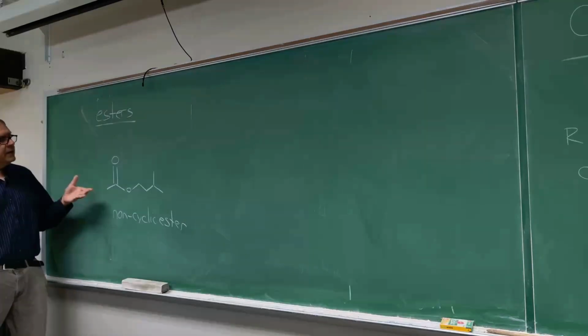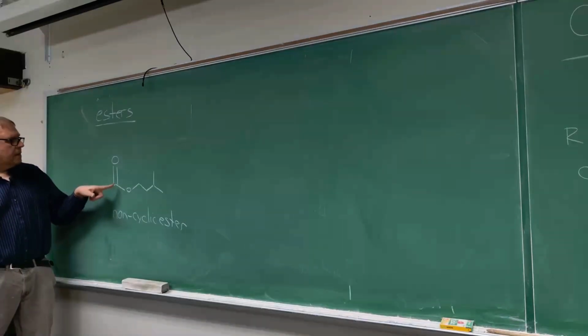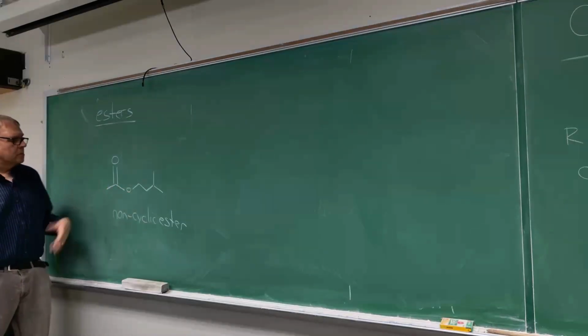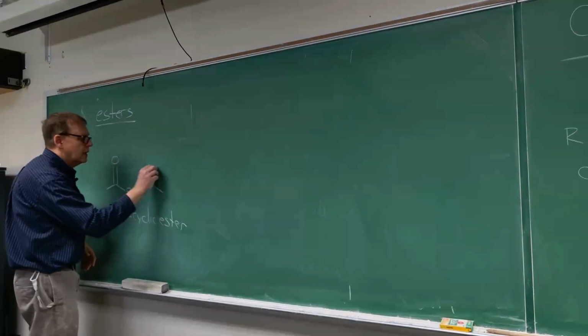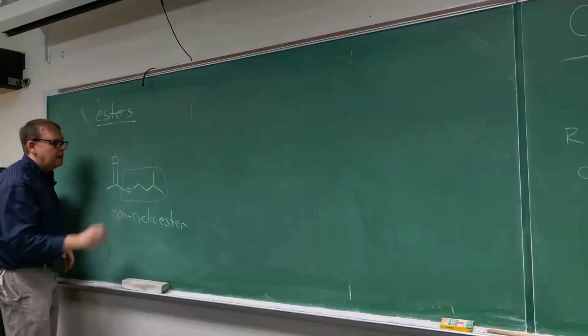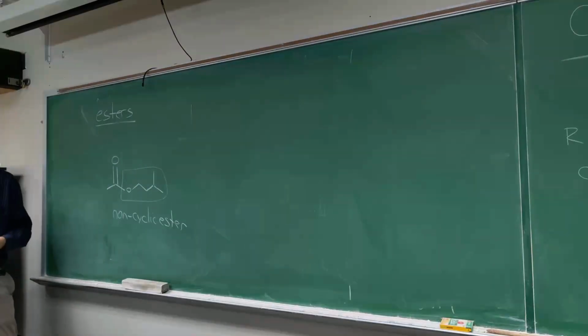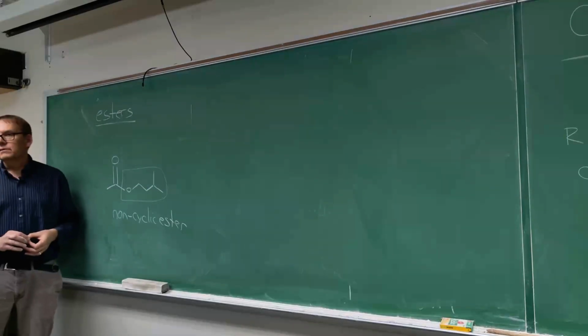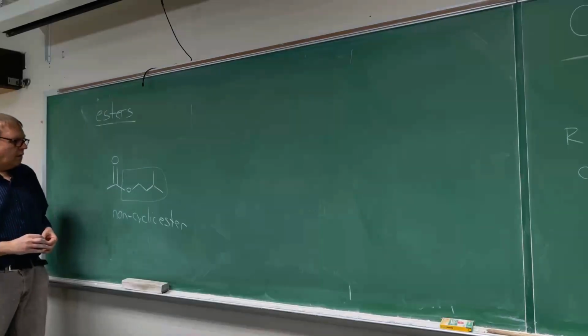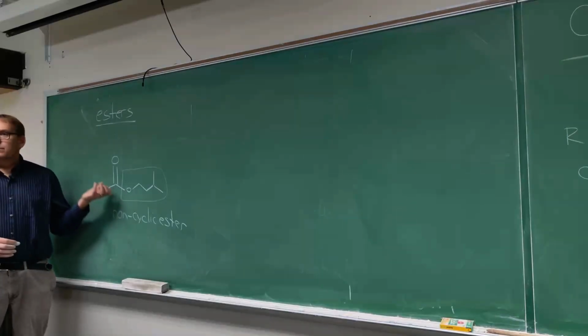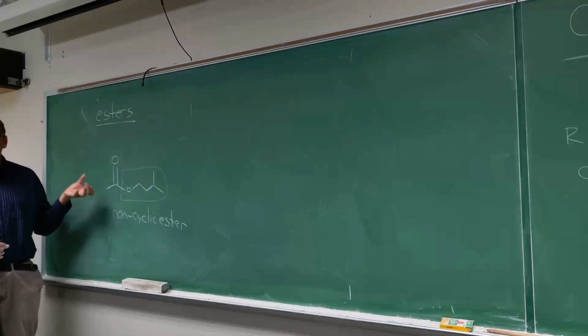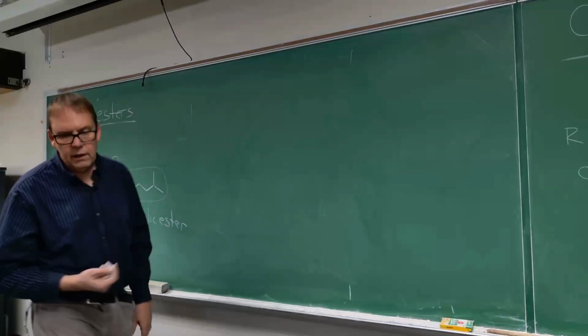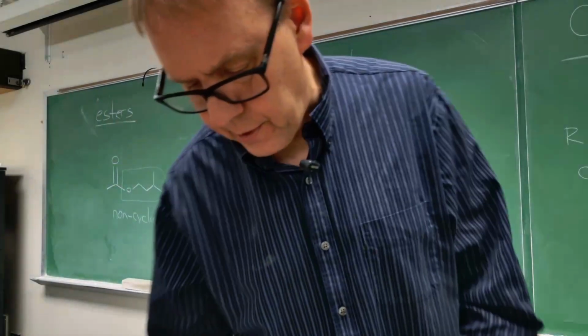And the thing is it's got this carbonyl group and then the OR group. So this is the part that makes it different than an anhydride or a carboxylic acid or an amide or an acid chloride. But you can have amides, esters wrapped up into rings as well. So I'm going to put one of those up there as well.